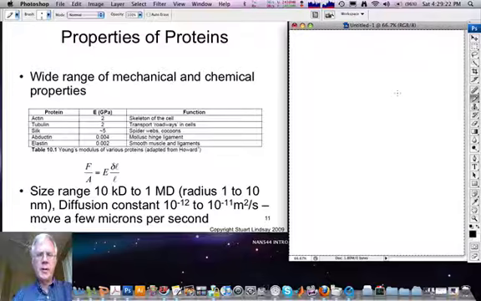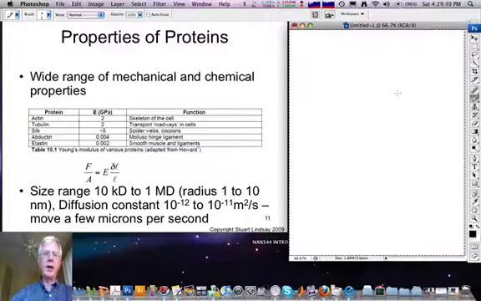We talked about some of the mechanical properties of DNA in Chapter 3 and described its chemical structure in Chapter 6. Here we turn to some of the mechanical properties of proteins.